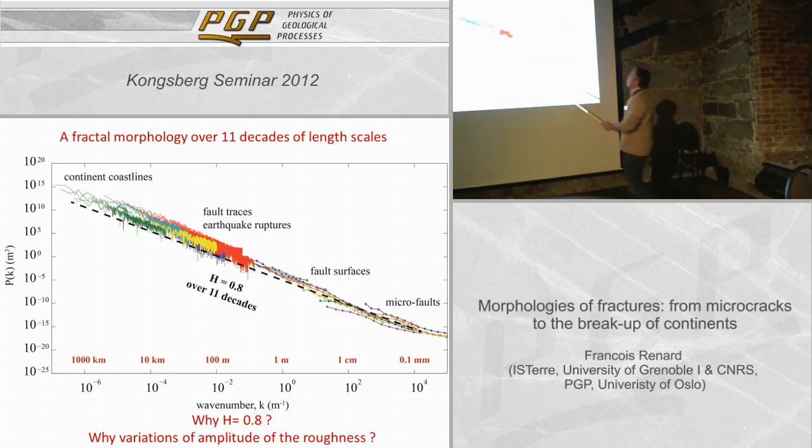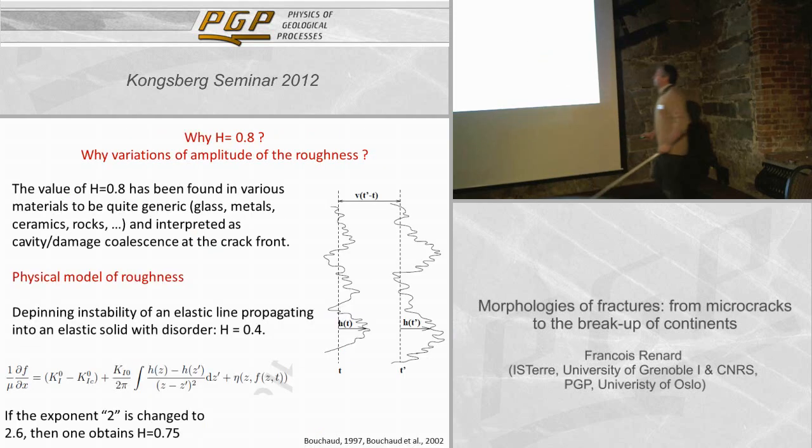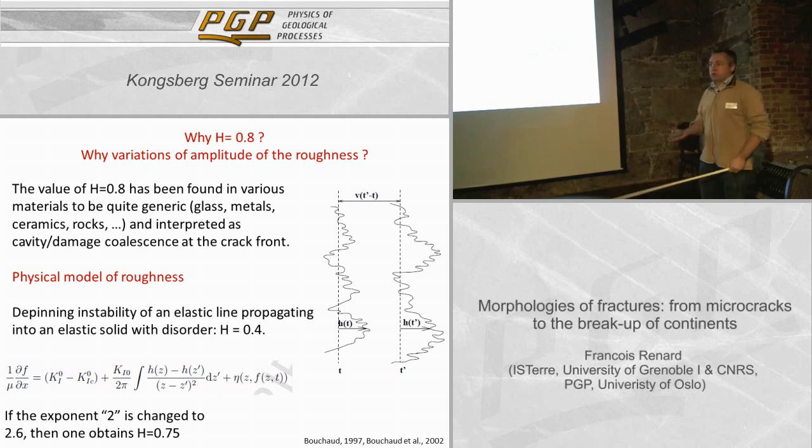The other question we try to ask also is, why do you have so much scatter here? So why are all these curves not on the same line, but there is a bit of vertical displacement? An explanation could be that at least there is this experiment that was done a couple of years ago using a material in which the disorder was controlled.